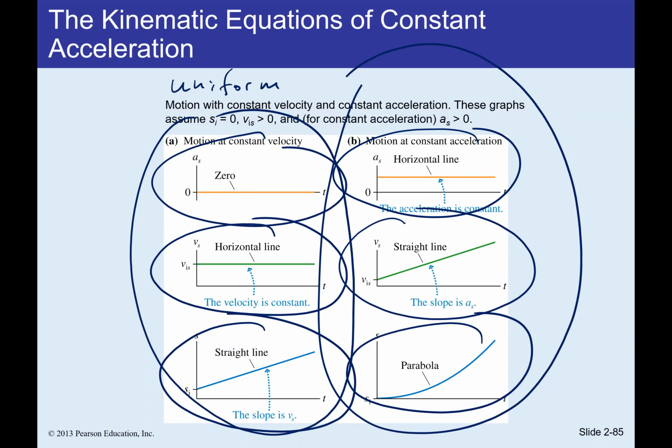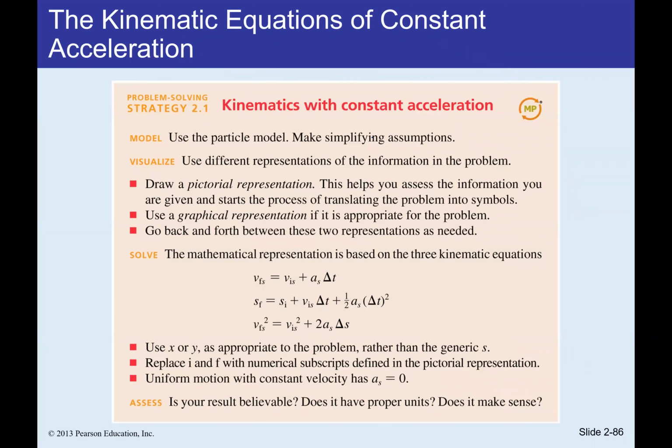To summarize everything, this is what we have. For kinematics with constant acceleration, we can use a particle model. With the particle model, we can assume that we have an object just going from some initial point to some final point. We don't care about its size and shape.